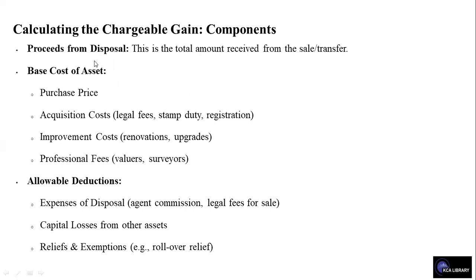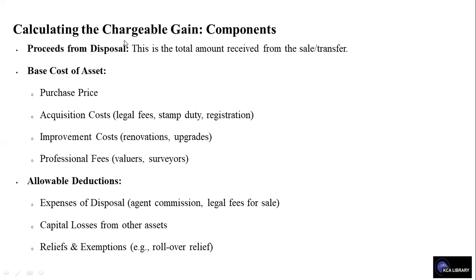Now we have to calculate the chargeable gain, which starts with the proceeds from disposal. This is the total amount received from the sales or transfer. And we also have the base cost of assets. These are the elements of the formula.